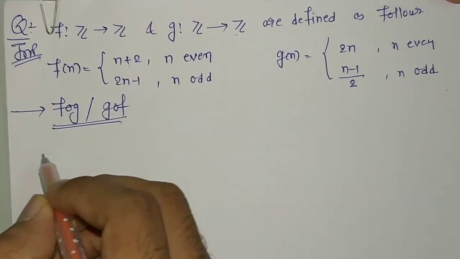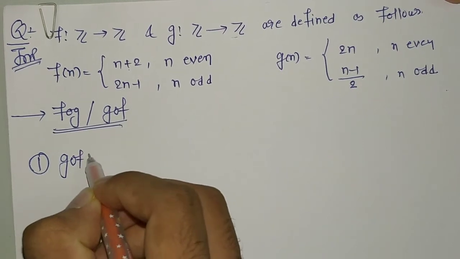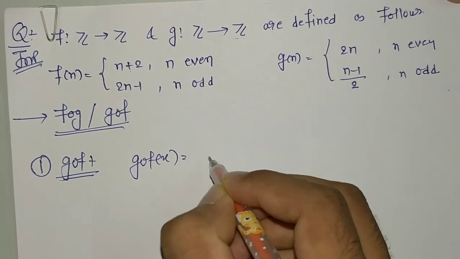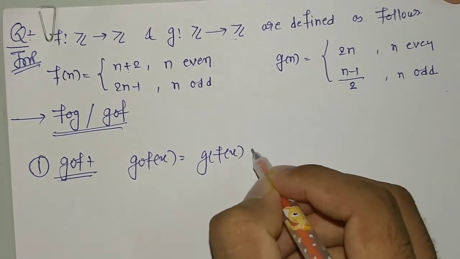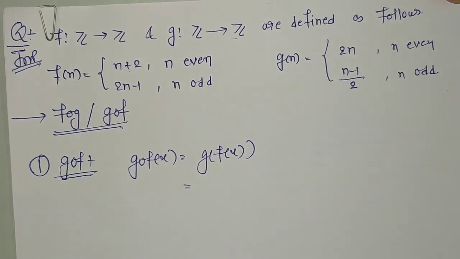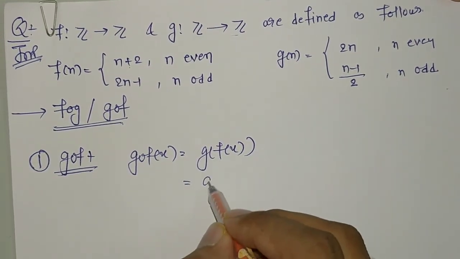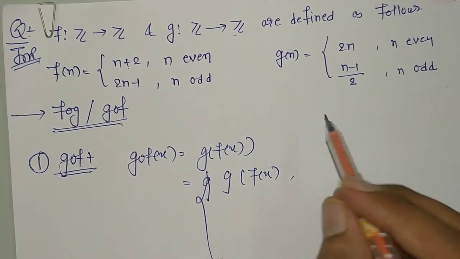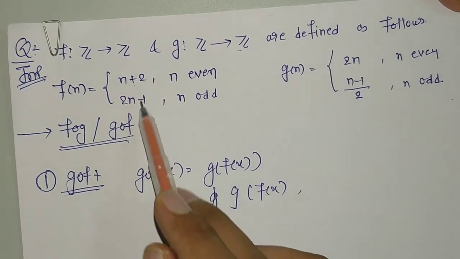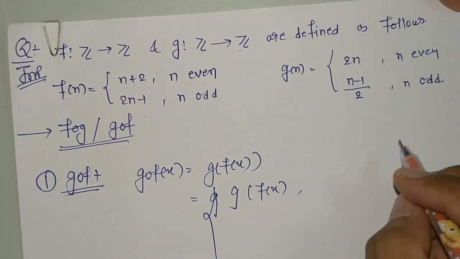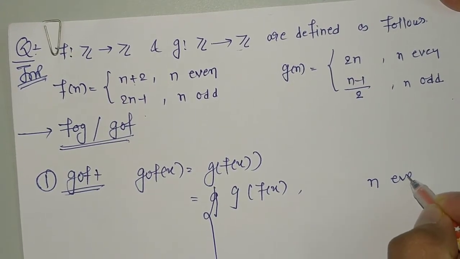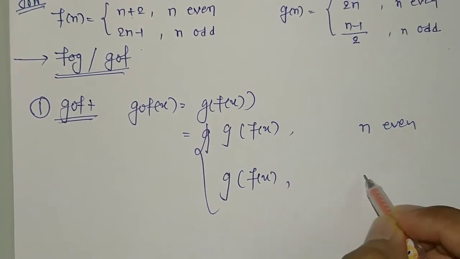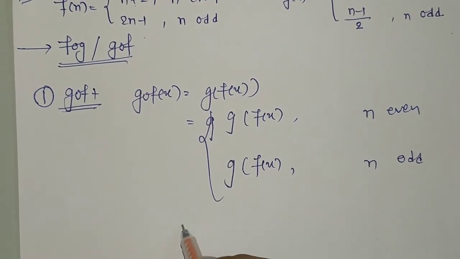So let's find gof first. g of f of x we can write as g of f of x. Now f of x has two parts, an even part and an odd part. So g of f of x when n is even, and g of f of x when n is odd.